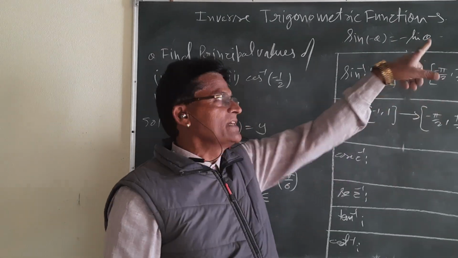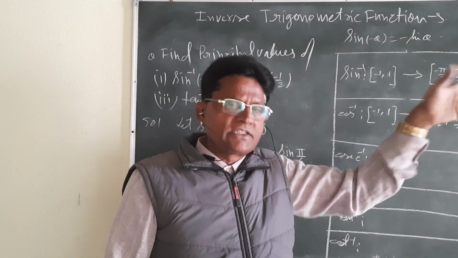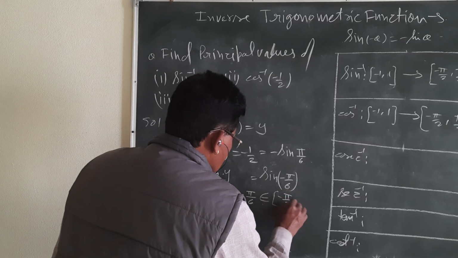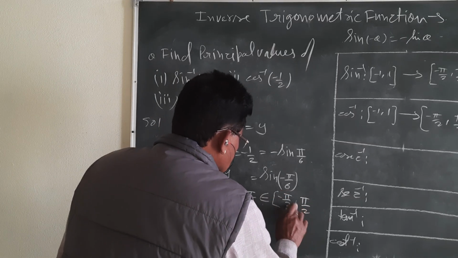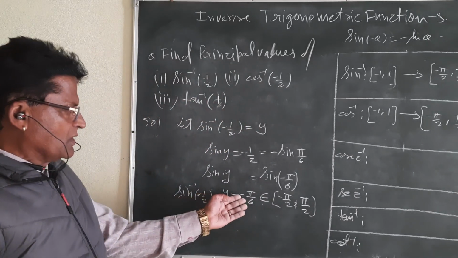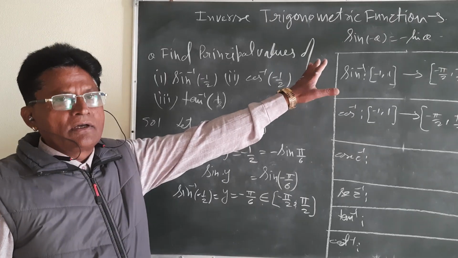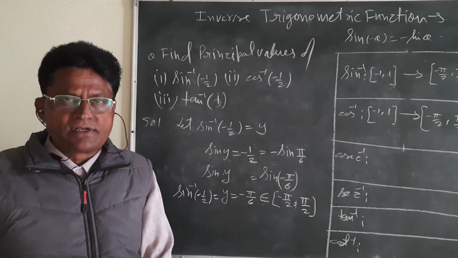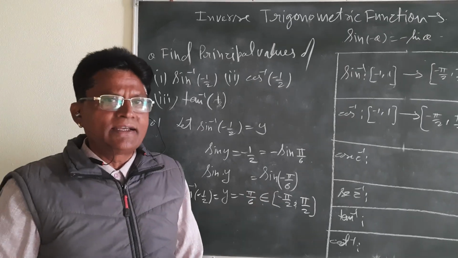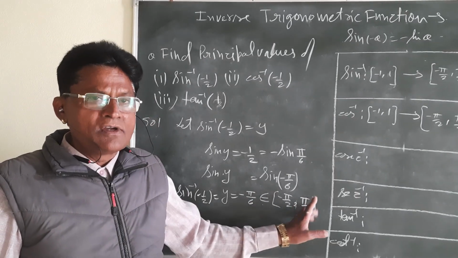As I told you, we restrict the interval from minus pi by 2 to pi by 2 in case of sin as well as for cos. That is why you see minus pi by 2 to pi by 2. Because still we are in confusion whether its value will be equal to minus pi by 2 or not, whether it is correct or not, as per the given principal value branches. Okay, that is why you see minus pi by 6 means 30 degree, and 30 degree automatically lies in minus 90 degree to 90.